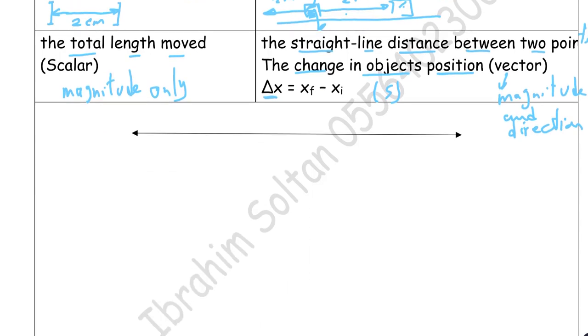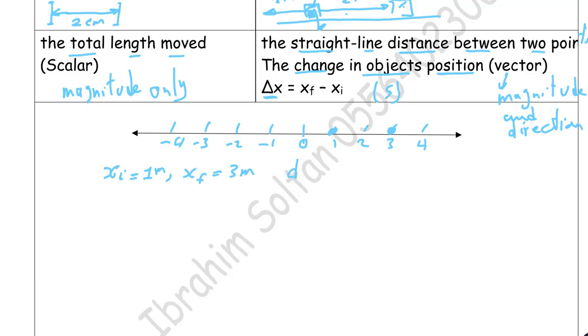Okay, let's imagine we have a line here. This is the origin. This is 1, 2, 3, 4, and this is -1, -2, -3, -4. Imagine that we move from 1 to 3. So x initial equals 1 and x final equals 3 meters.